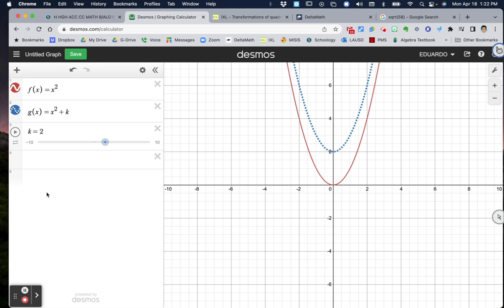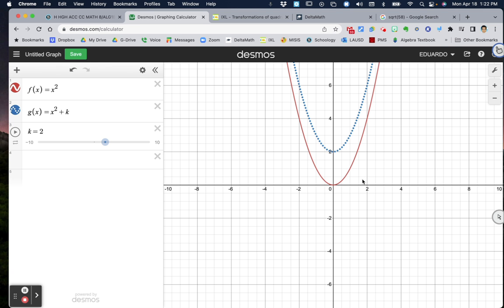X squared plus 2. How is the graph different? What happened? Here's my parent function. Here's the child function. Yes? The y-intercept is 2. Yeah, but how did that change or shift this? How did it shift? Jesse? Our lowest point is now 2. Yeah. So it went from here, moved up to 2.